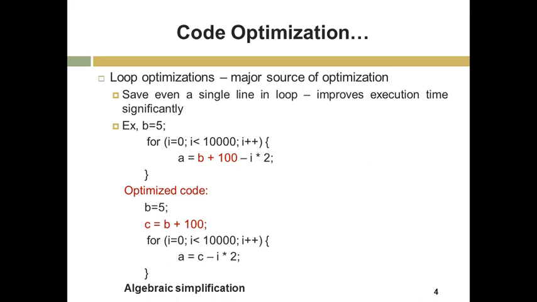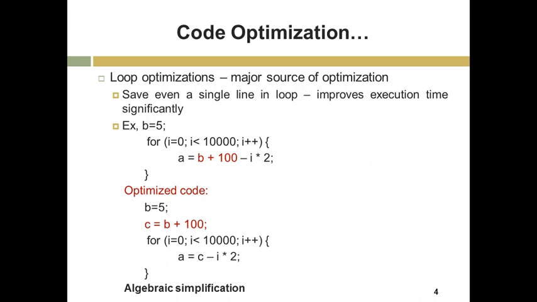So even if a single line in the loop can be saved, it improves the execution time significantly. For example, one variable is there, b equal to 5, and one loop is there which is being executed 10,000 times.